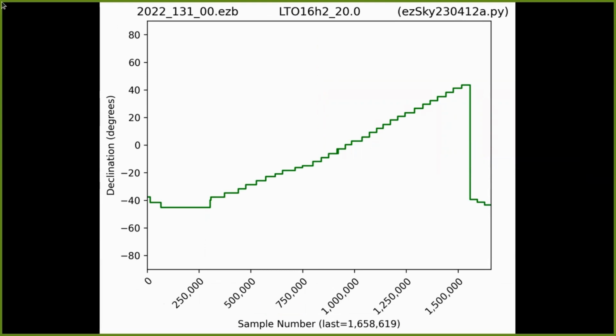For each one of those elevation changes, there's an equal change in the declination. The declination is a coordinate for the radio sky and the optical astronomy sky. It doesn't correspond to the telescope's horizon directly. There's a little math involved.